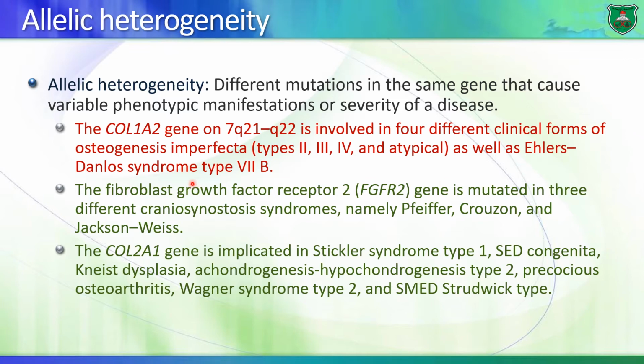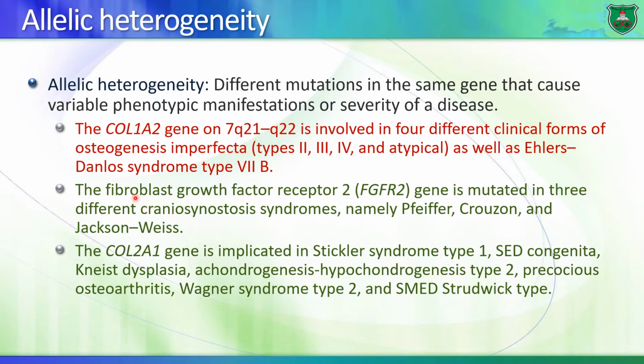Now, there are other examples of allelic heterogeneity, that is, different mutations in the same gene causing variable phenotypic manifestations. One of them is the fibroblast growth factor receptor 2, which when mutated can cause different types of syndromes. Okay, again, you don't have to memorize these, by the way.